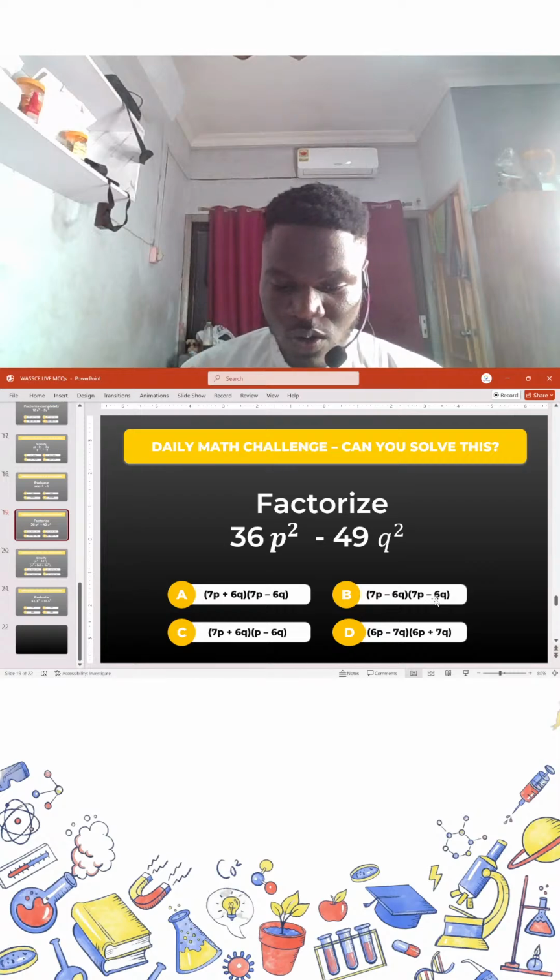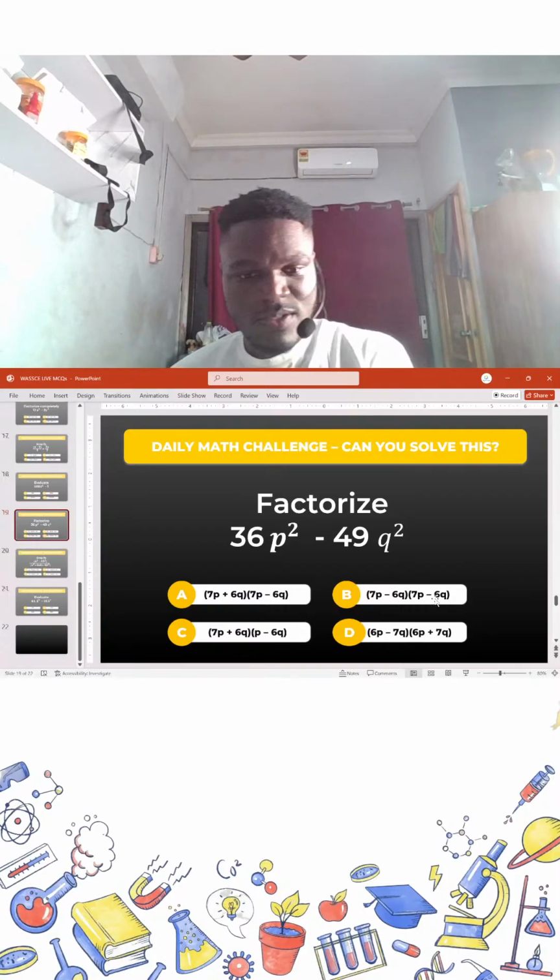Are we okay? This now looks like difference of 2 squares, because I have 6 squared p squared minus 7 squared q squared. The final answer is now 6p minus 7q, and then 6p plus 7q. That is the final answer for this particular question.